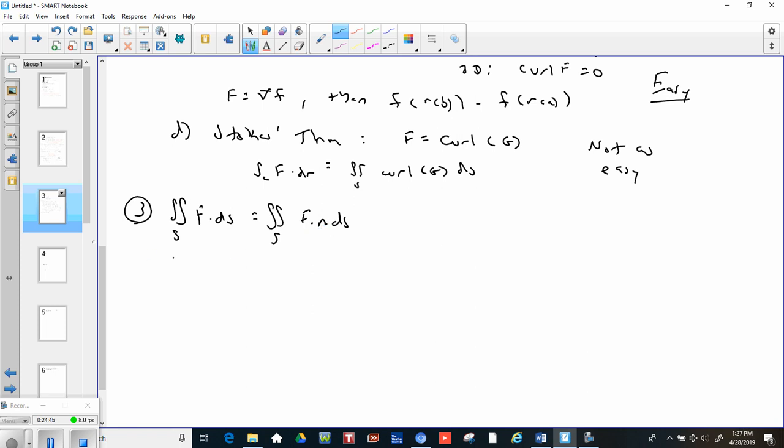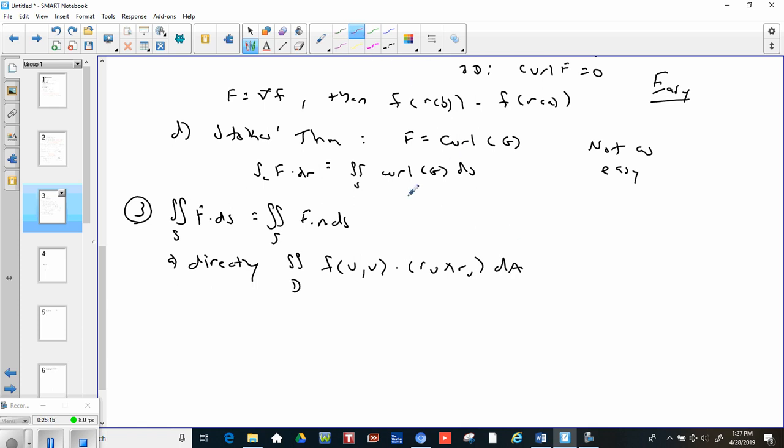So again, you've got 3 different methods. You can do it directly, which would be, again, kind of a pain, but it's doing the double integral over D of F of u and v dotted with r_u cross r_v dA.